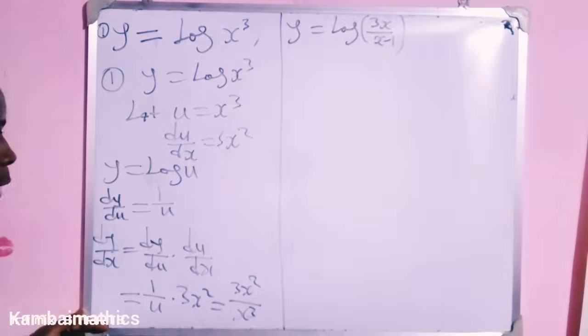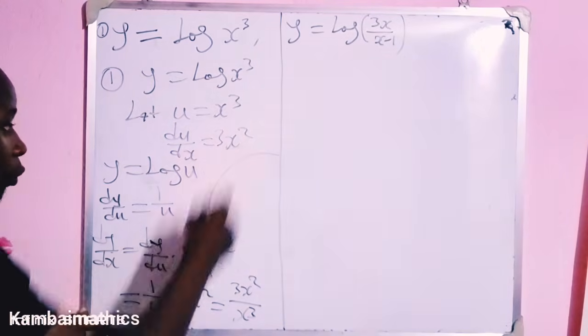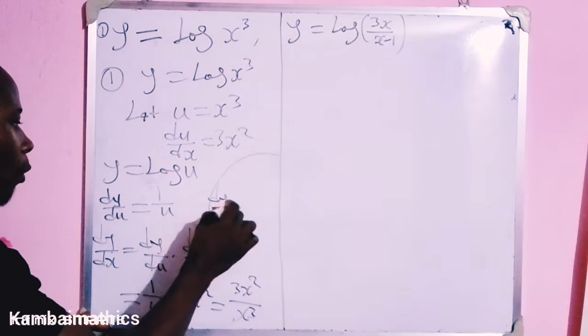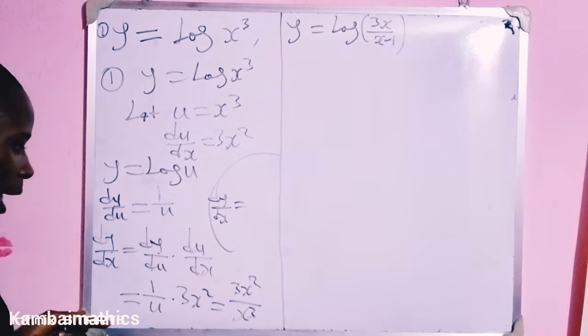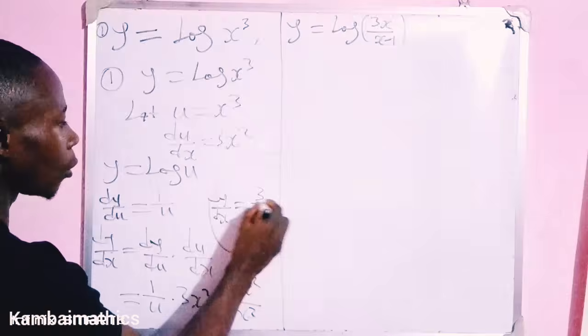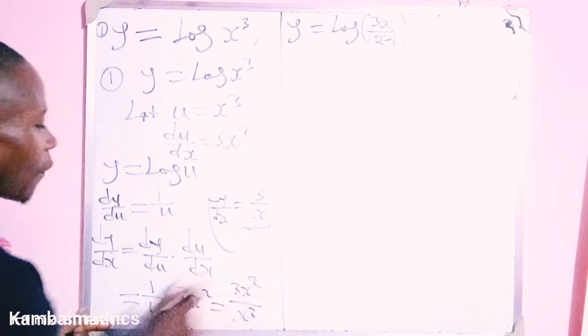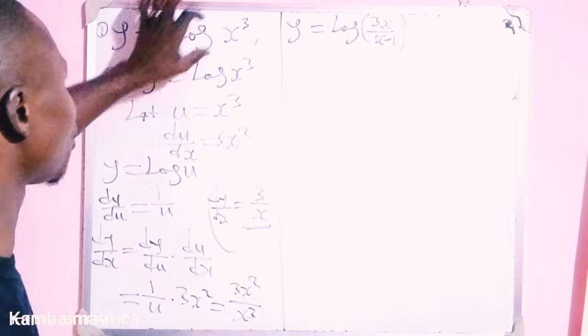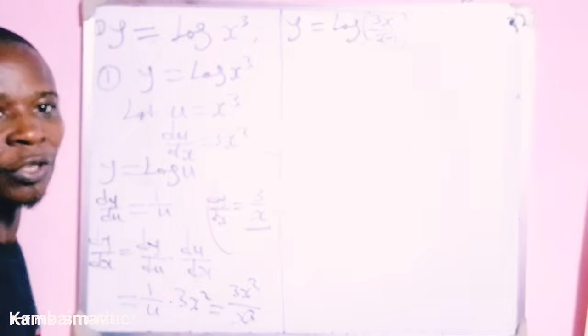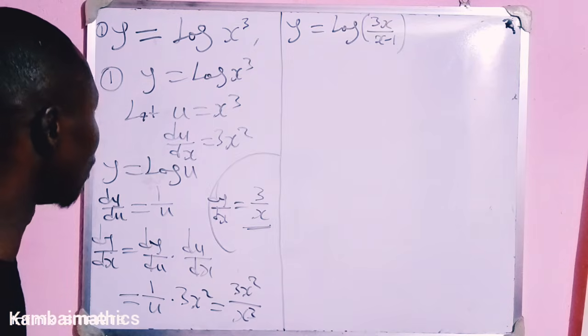So now let me write it here. Dy all over dx will be the same thing as, when you kick out x squared, we kick out x, so we are left with 3 all over x as our final answer. So when you differentiate this one, definitely it will give us this particular one.